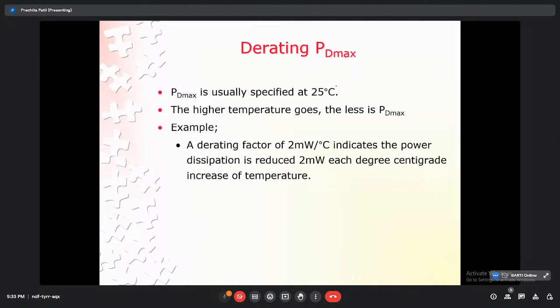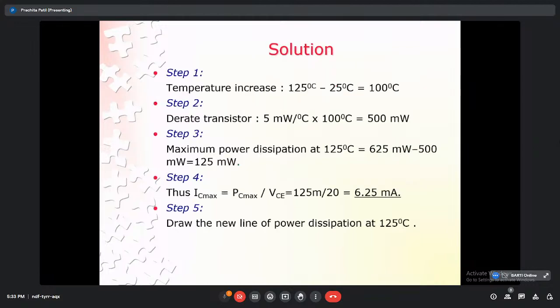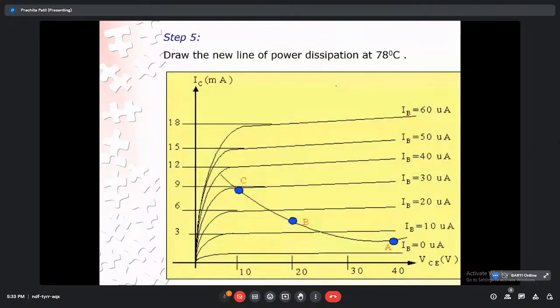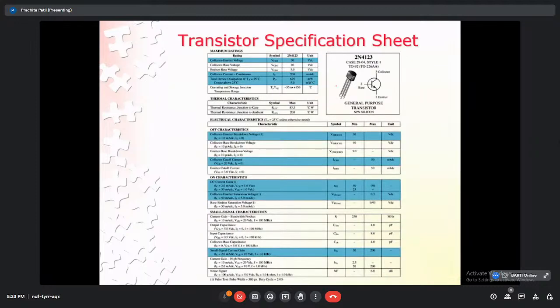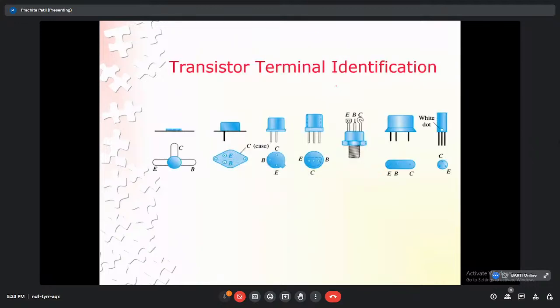Like derating, PD max, and some examples we can also solve. Here we can see some of the lines. And then this is a transistor specification sheet. Simply, these are for your information.